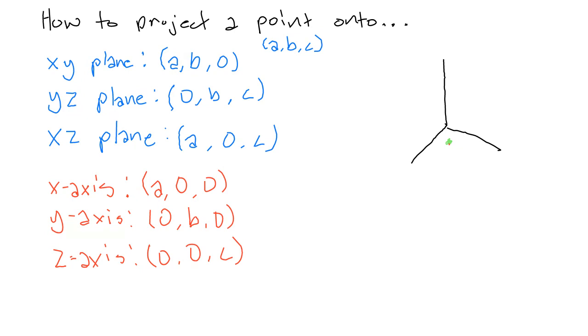In this example, we are in the first octant, so A, B, and C are all positive. So let's say we are some distance up off the z-axis.